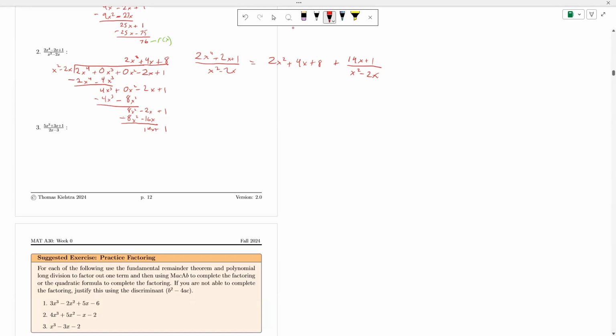And let's complete our final division: 5x squared plus 3x plus 1 divided by 2x minus 3. Well, here we're going to have some fractions. 2x goes into 5x squared, 5 over 2 x times. This gives us 5x squared minus 15 over 2 x.